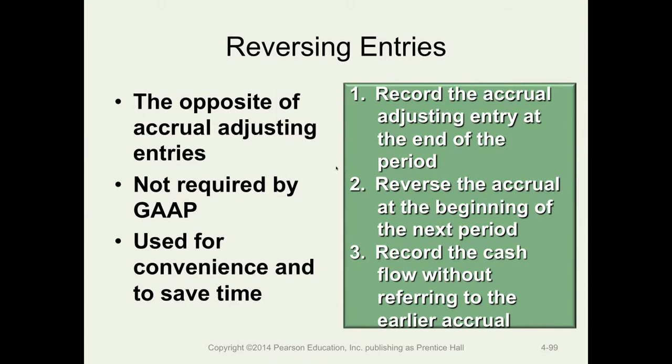They're not required by GAAP, and as I said, they're really for convenience or to make your routine journal entries much easier in the next period. Now notice they're the opposite of accruals. So in other words, only accruals get reversed. So you're reversing adjustments to accruals.